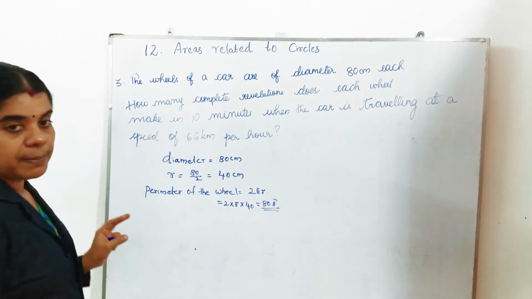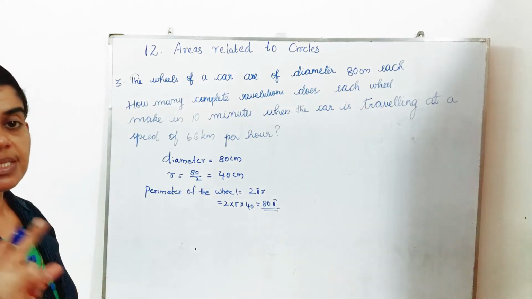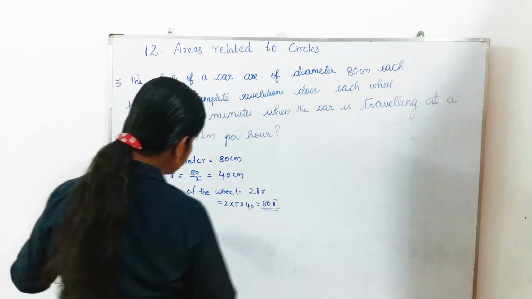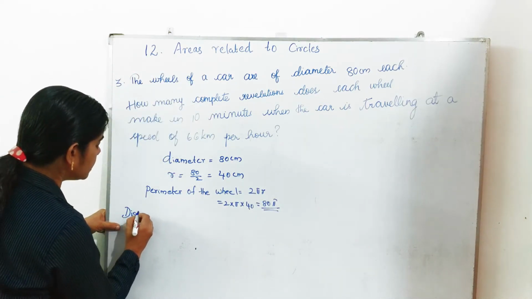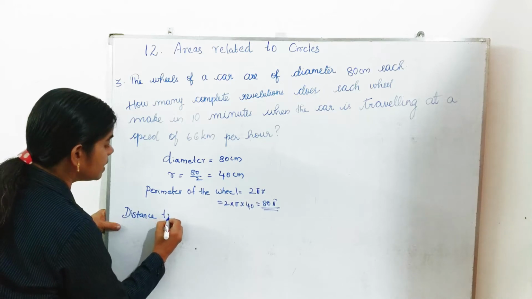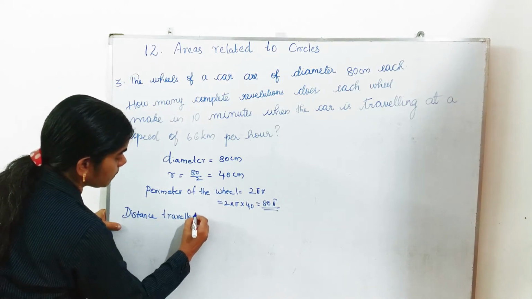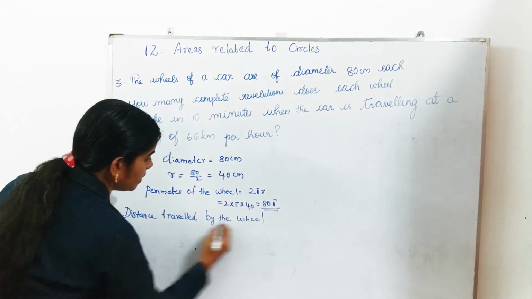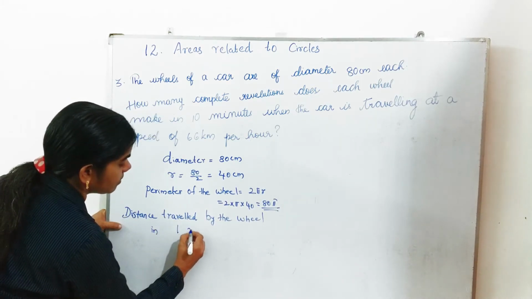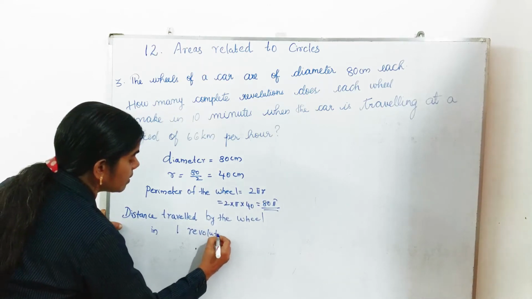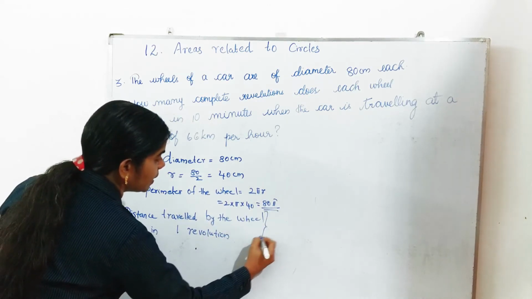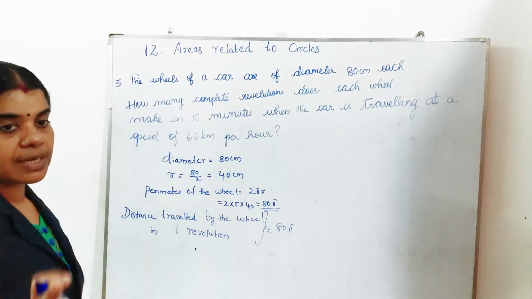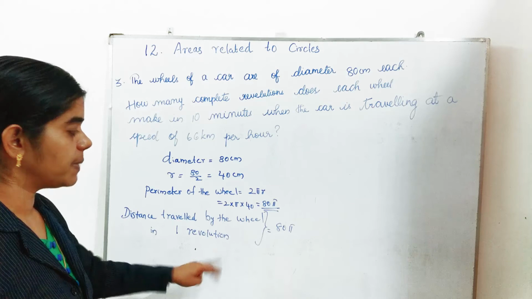That will be the perimeter of the wheel, which is equal to the distance traveled by the wheel in one revolution, equal to 80 pi. That also you want to keep in mind. In one revolution it is moving 80 pi.